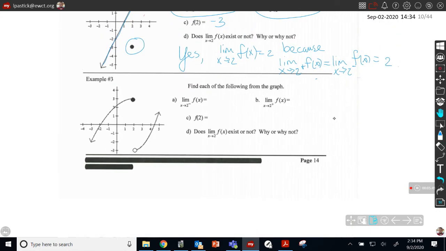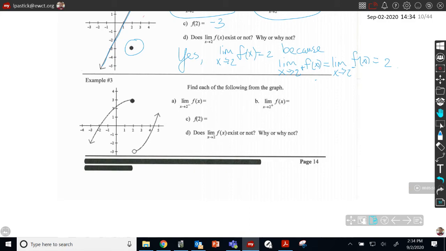Last one on this page, and that will bring the end of my video for now. Find each of the following from the graph. Limit as x approaches 2 from the left. It looks like as we approach from the left, we are reaching a value of positive 3. And as we approach from the right, we are reaching a value of negative 3.